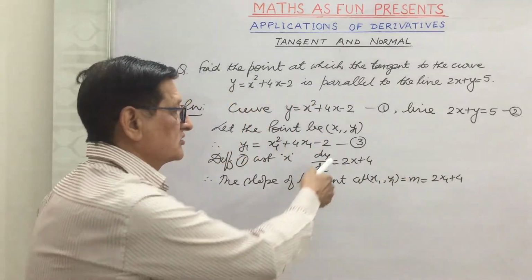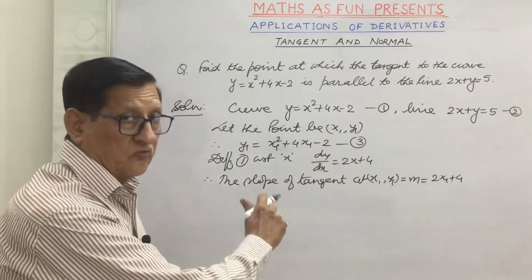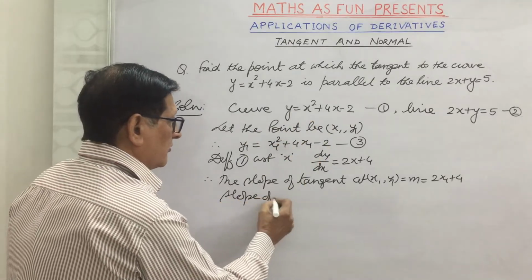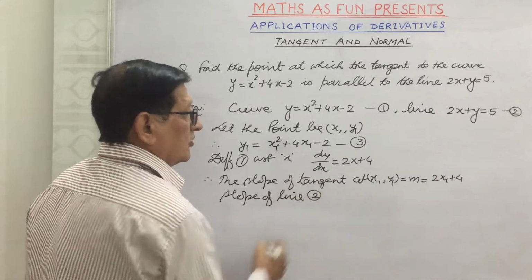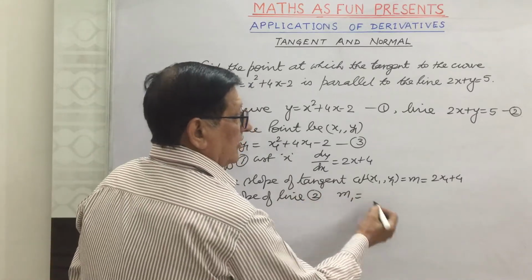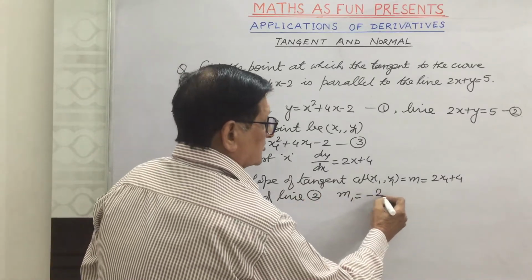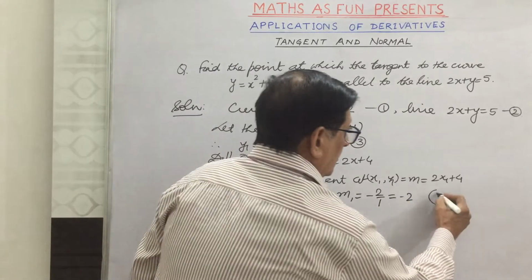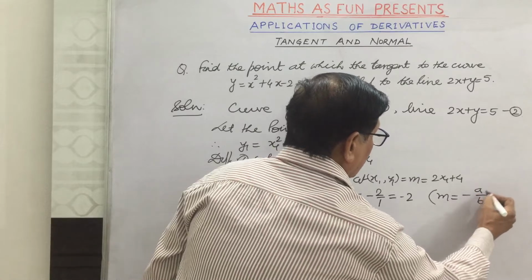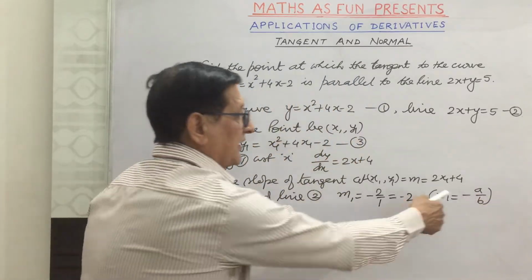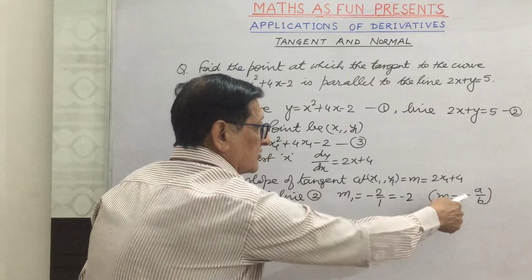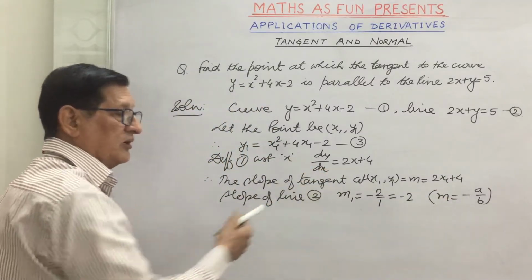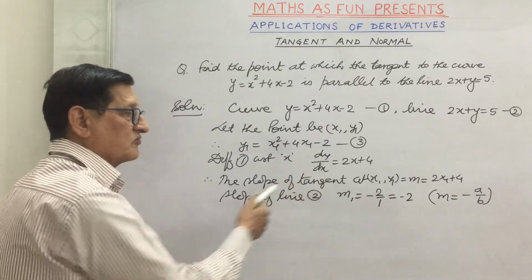Now we are to find out the slope of the line. Slope of line 2, that is m1, is equal to minus 2 upon 1, that is minus 2, because we know slope of a line is given by minus a upon b, that is minus coefficient of x upon coefficient of y. Now since the tangent is parallel to the line, their slopes will be equal.